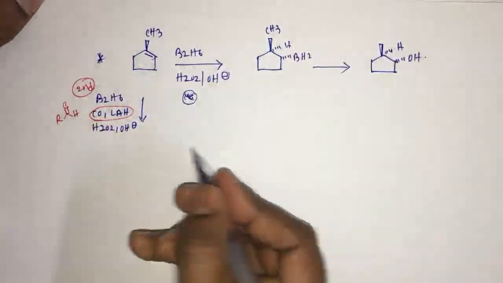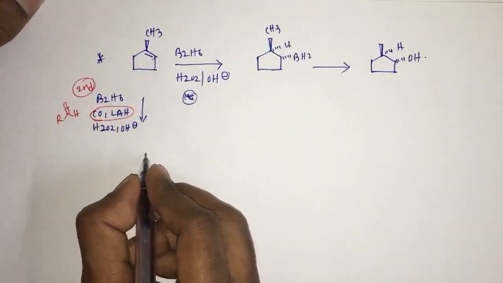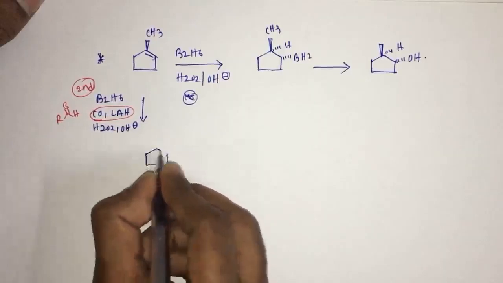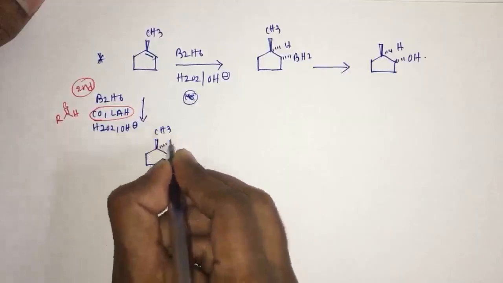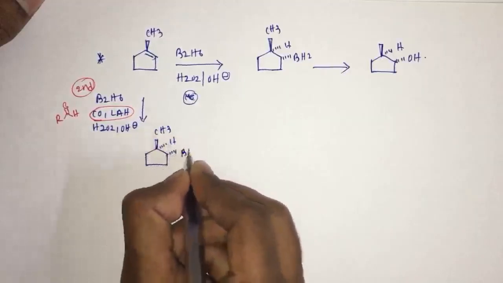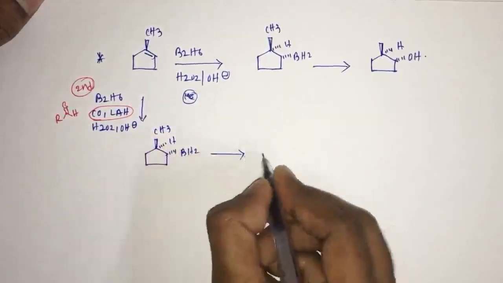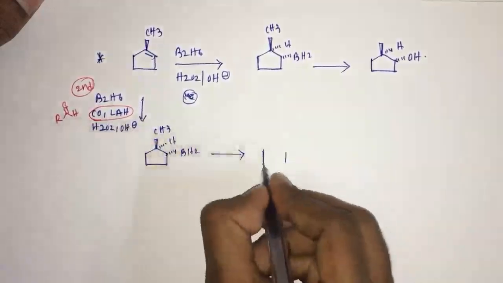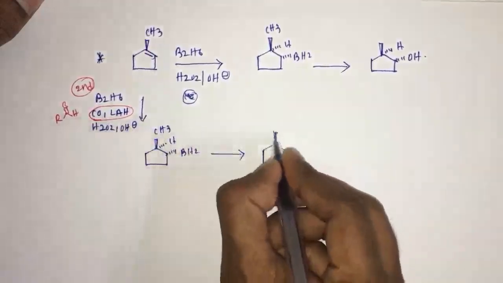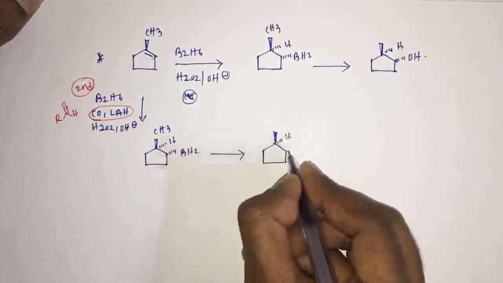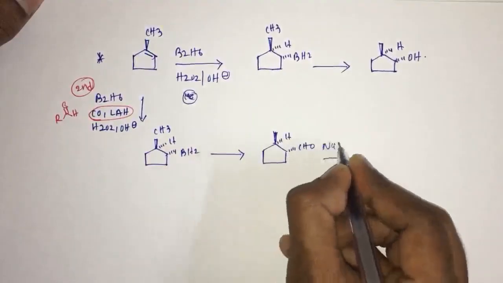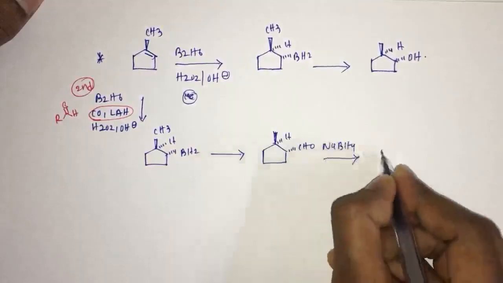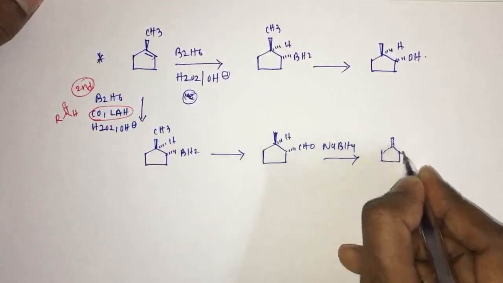I'm not writing that mechanism, I'm just directly writing the product. So CH3, BH2, and in this case we'll get an aldehyde. And if you treat this one with some sodium borohydride, we'll get an alcohol.